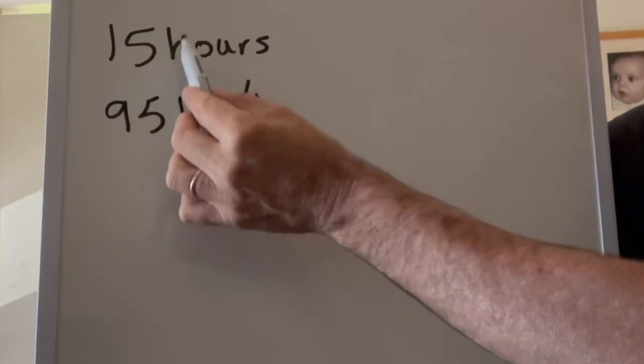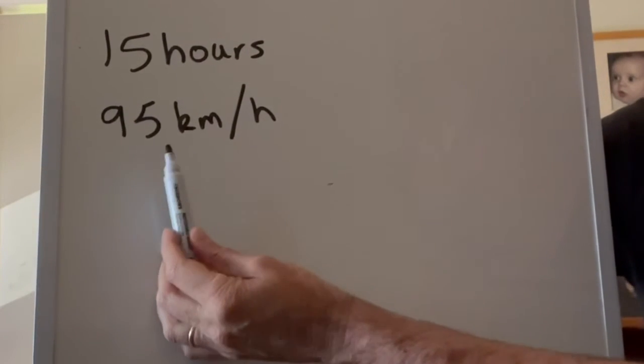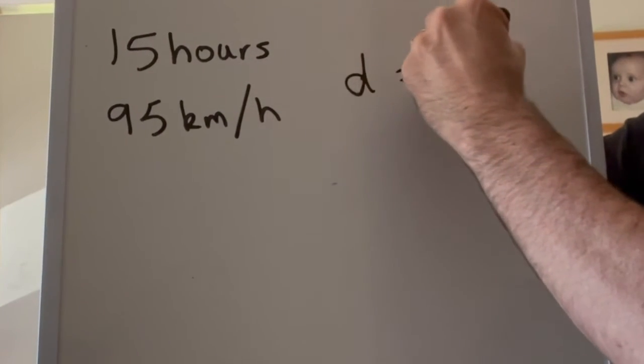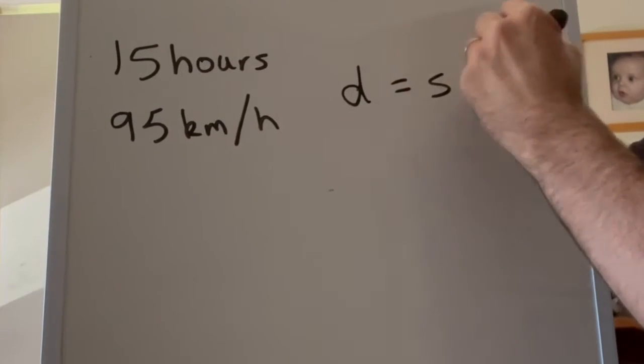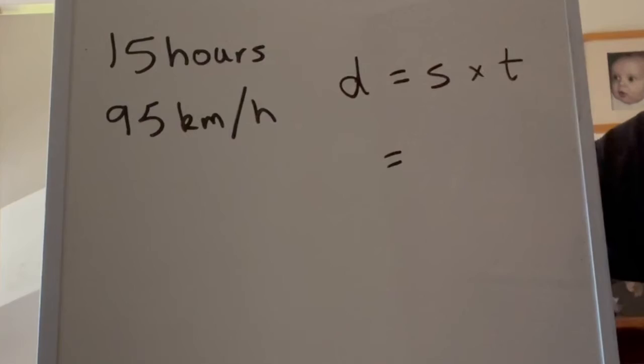Here we're given a truck that drives for 15 hours at an average speed of 95 kilometres an hour, and we're asked how far it has gone. So here we want distance equals speed multiplied by time. This sets us up to do some substitution.